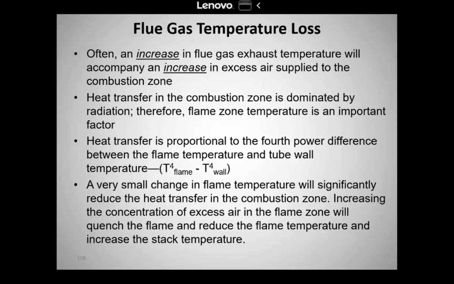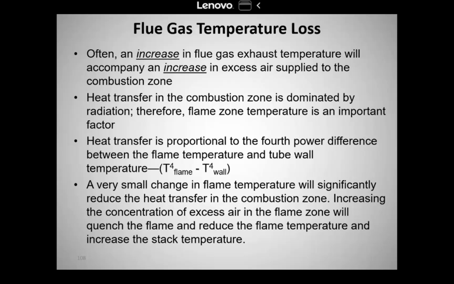And that 3,000 degree fireball temperature is so high that the T to the fourth, when you do that math and subtract, is such a big number that the radiant heat transfer is really large. So we say roughly 75%, it depends, but the dominant mechanism for transferring heat inside that furnace area is radiation.